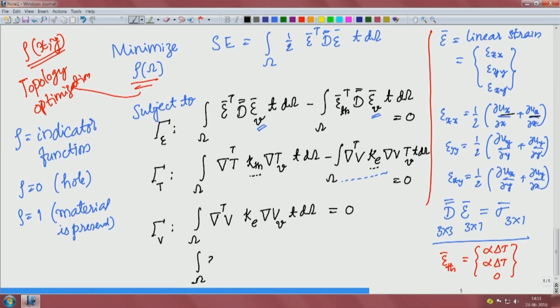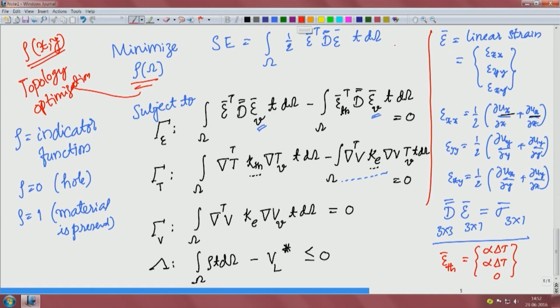If I take that rho and integrate over the entire thing, that should be less than or equal to V star, the volume star. I will just put VL because V we have used for potential, electric potential. So, I will say VL here, that should be less than or equal to 0. Here we will have the lambda, the corresponding multiplier for this.